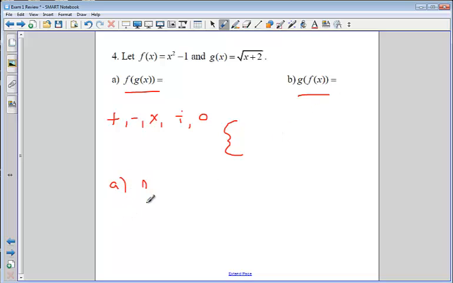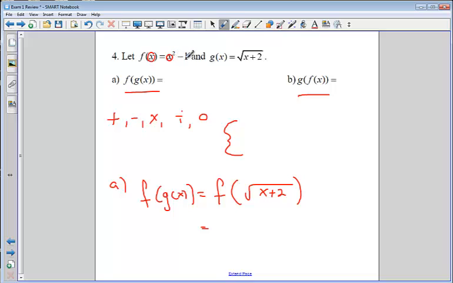If we want to do f of g of x, that's actually equal to, well, wherever I see a g, I'll replace it with what it's equal to. So f of the square root of x plus 2. And then that's equal to, remember, f is just a rule. It says whatever's right here, I put right here.